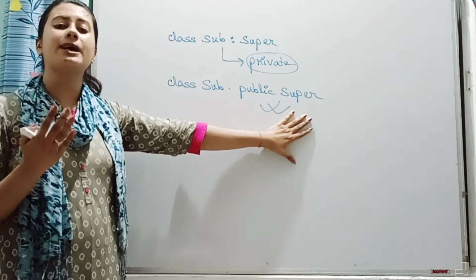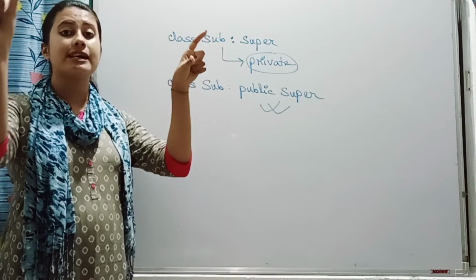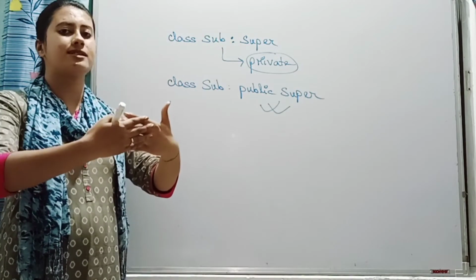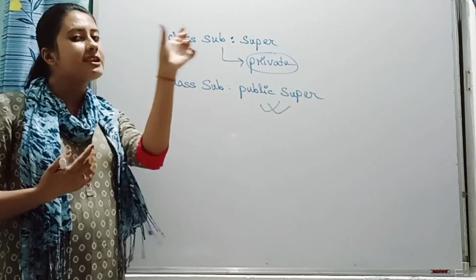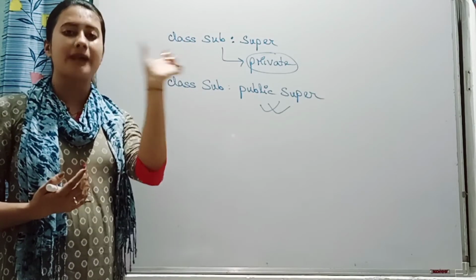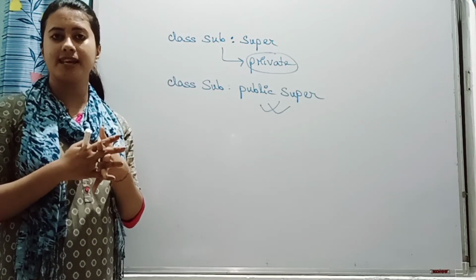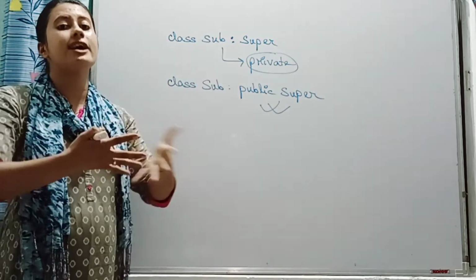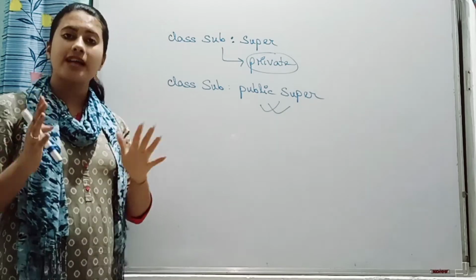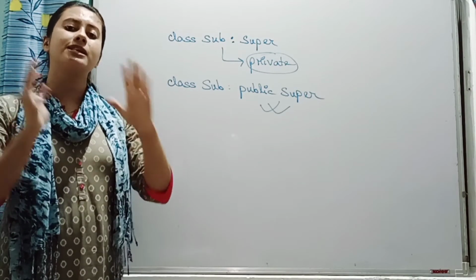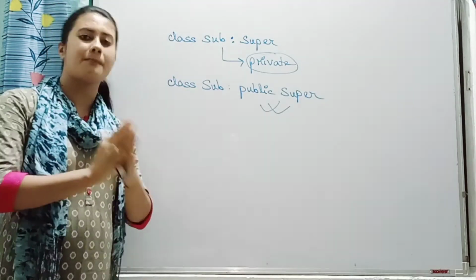But the things that need to be accessible by all, suppose in Flipkart, when we get the search bar, we search something as a customer, so we are the public. If that search bar was under the private section, we could not have searched anything, so we could not have accessed the search bar. So the things that need to be given to the public should be defined under the public section only.